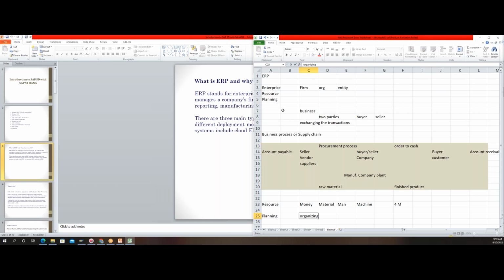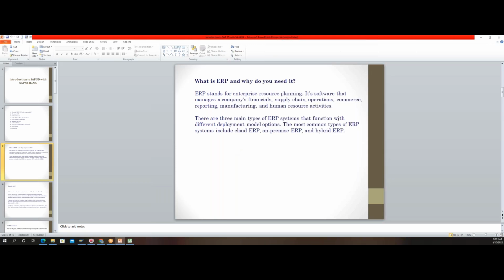So now, on the whole, what do we understand by enterprise resource planning? Enterprise resource planning is basically organizing the different streams of the enterprise. That is as simple as that. It is a general layman terminology. But ERP is a software product. Now, what does ERP as a software product contribute? It's a software that manages a company's financial, supply chain operations, commercial reports, manufacturing, and human resource activities.